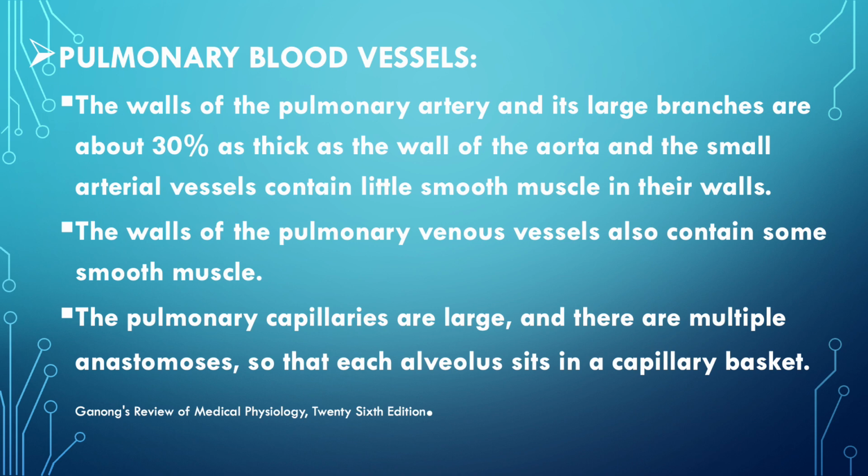The pulmonary capillaries are large, and there are multiple anastomoses, so that each alveolus is a capillary basket. So the alveoli are surrounded by the capillary basket, as they say.